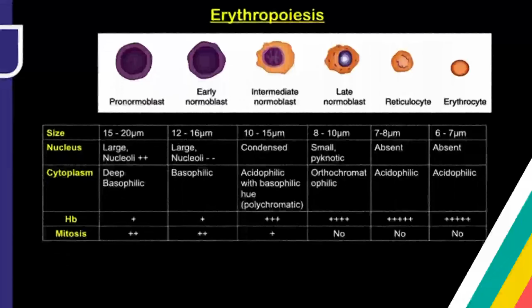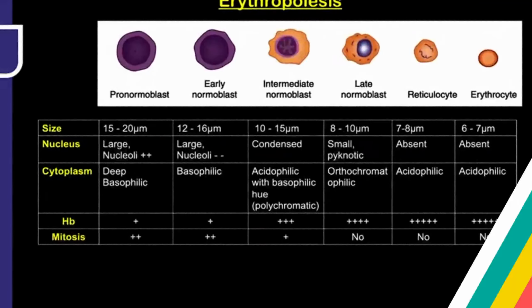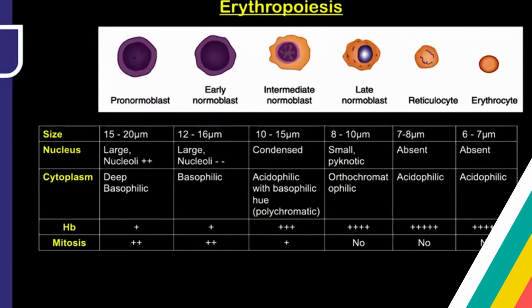Now the development of the RBC is more important. So erythropoiesis, the development of the RBC. Whenever you are reading this, keep in mind that we have already seen the development of the hematopoietic stem cell. That forms the common myeloid progenitor or common lymphoid progenitor.